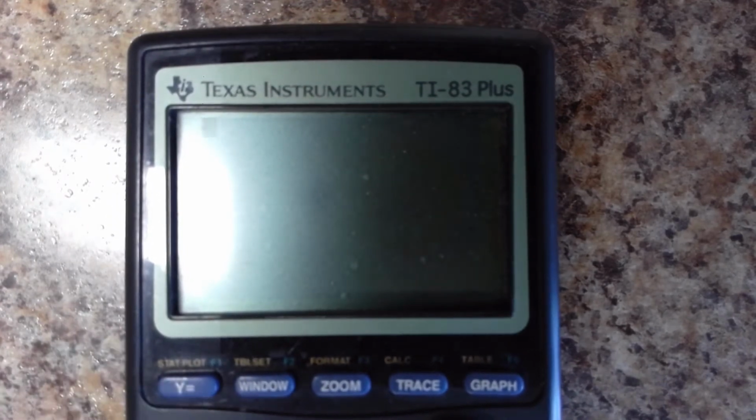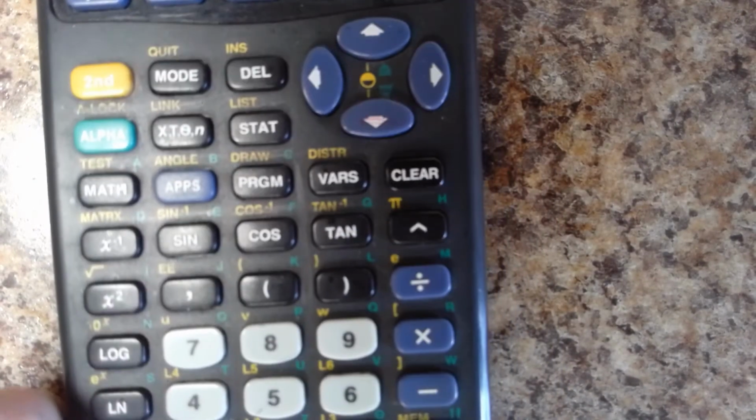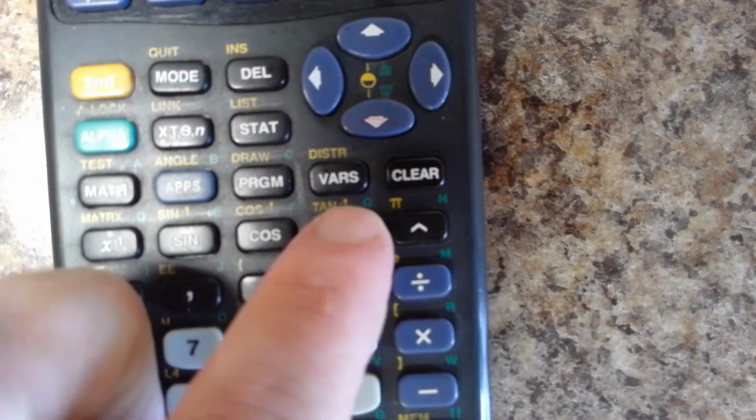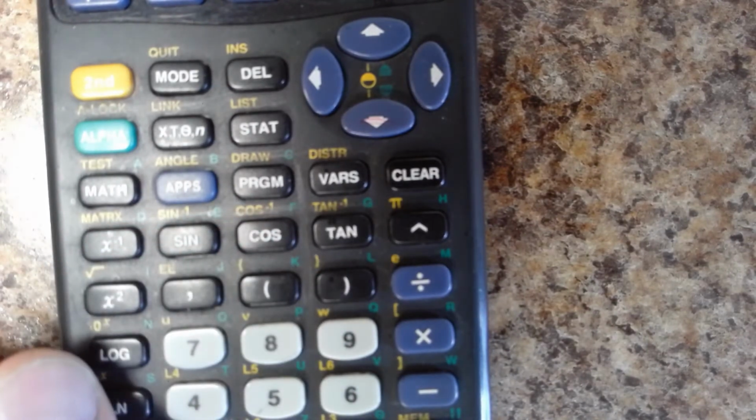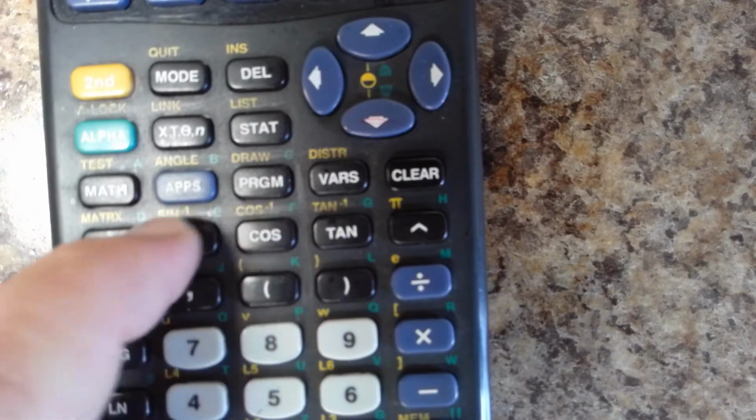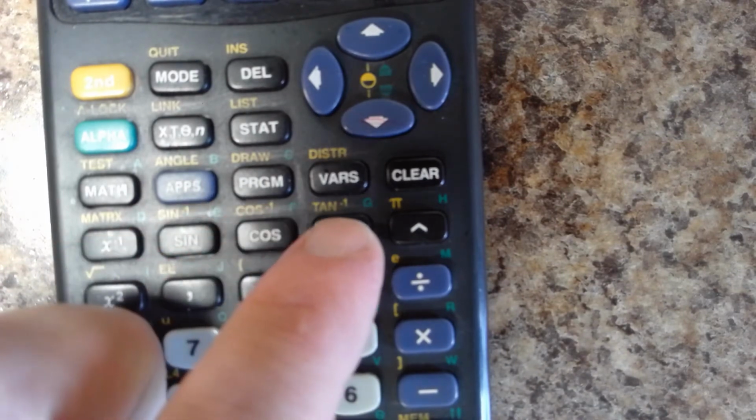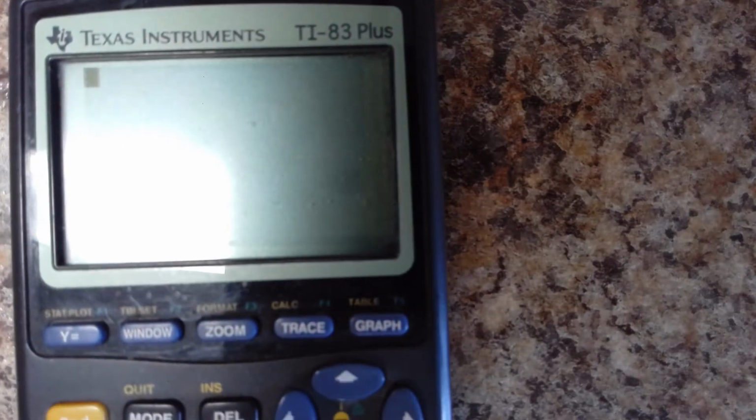Go to your calculator and you'll find the 3 keys here: sin, cos, tan. We're using tan for tangent. These two will come into play later in the unit. For today we're using tan for tangent. Tan, 3 divided by 4.